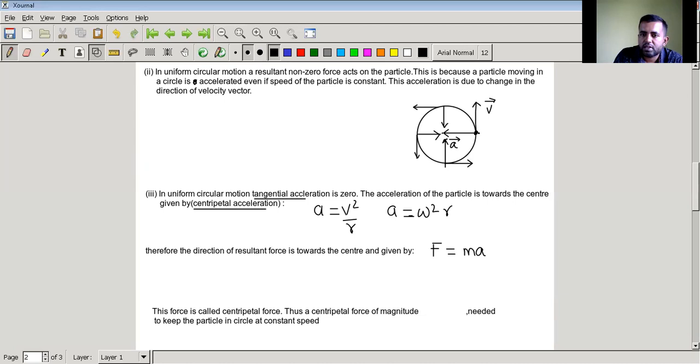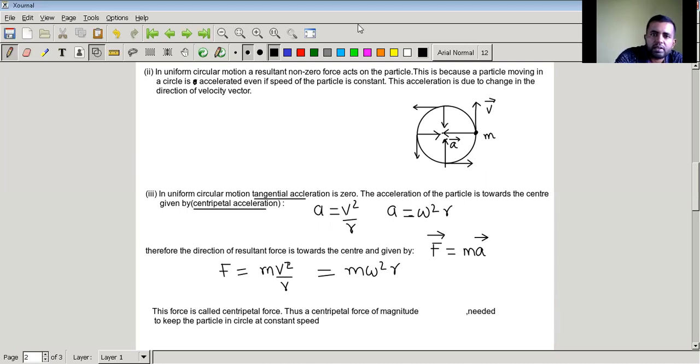So if this thing has mass m, we also know that the force direction and acceleration direction are the same, right? So the magnitude of the force will be m v square by r, or m omega square r. This is the magnitude of the force.